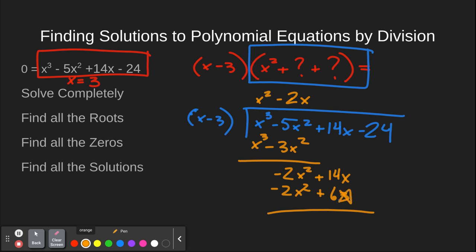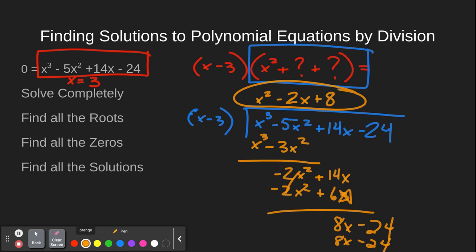All right, so that's gone. 14x minus 6x, you get 8x. Bring down the minus 24. X goes into this 8 times. 8 times x is 8x. 8 times negative 3 is minus 24. Our remainder is 0.